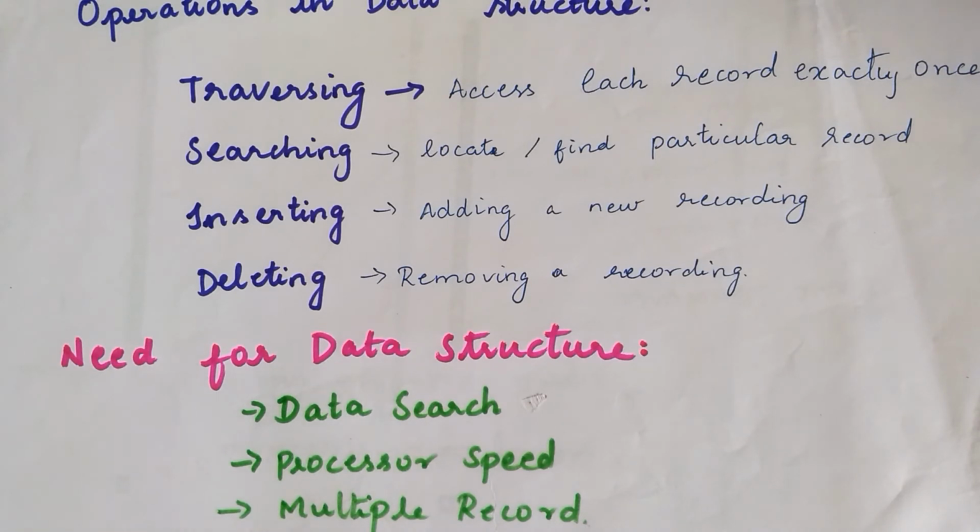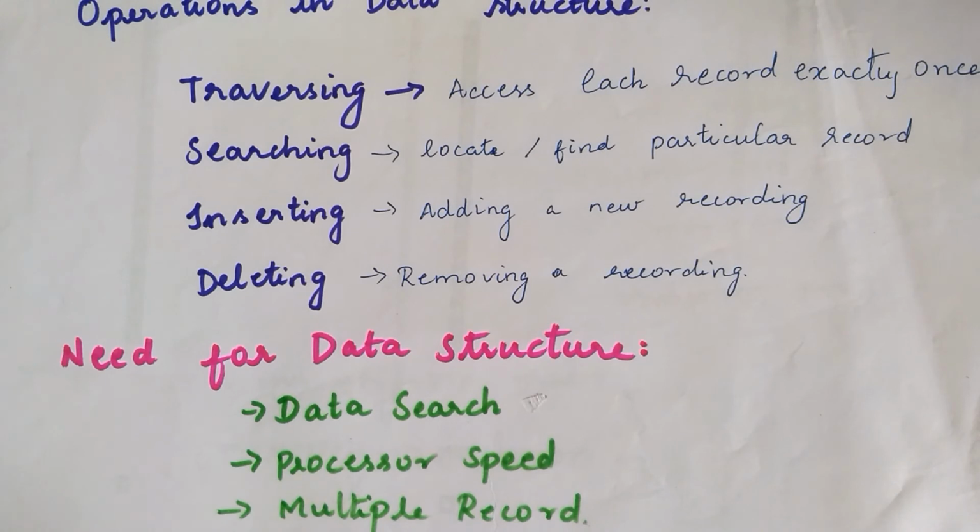The second one is processor speed. Let us assume thousands and thousands of records, and we have to process every record in the data set. Processing each and every record may sometimes hang your system. In this case, we have to use data structures.